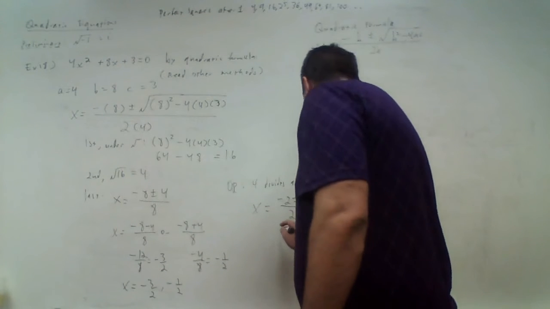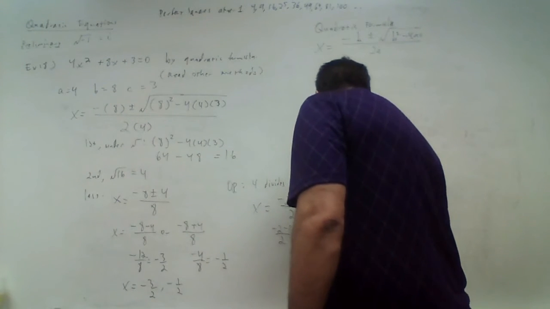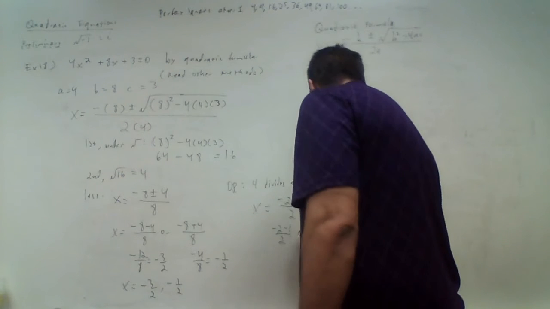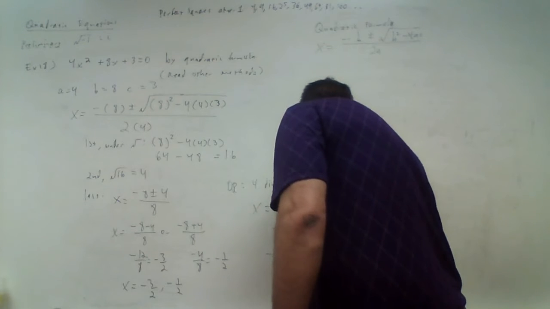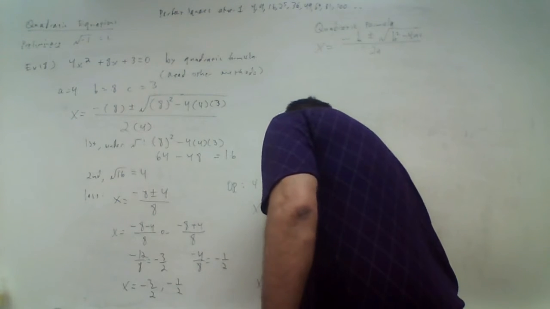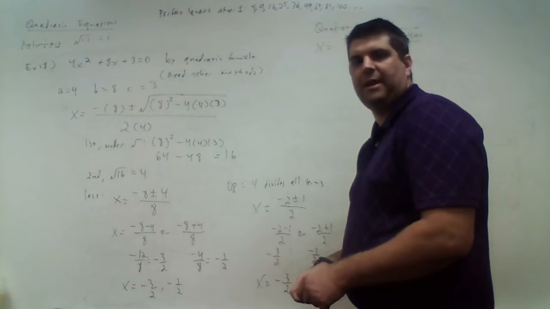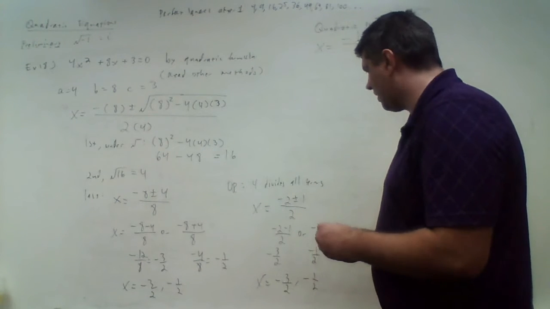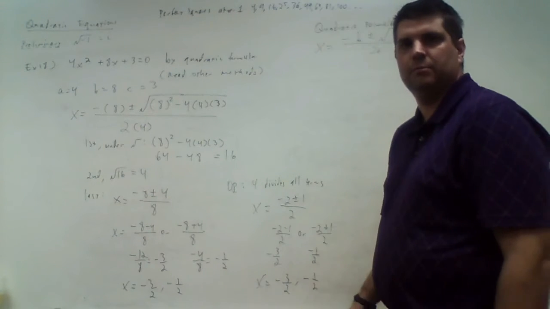So that would give you negative 2 minus 1 over 2, negative 2 plus 1 over 2. Negative 3 halves, negative 1 half. X equals negative 3 halves, negative 1 half. Okay? So it really doesn't matter when you cancel once you get to this point. Okay?